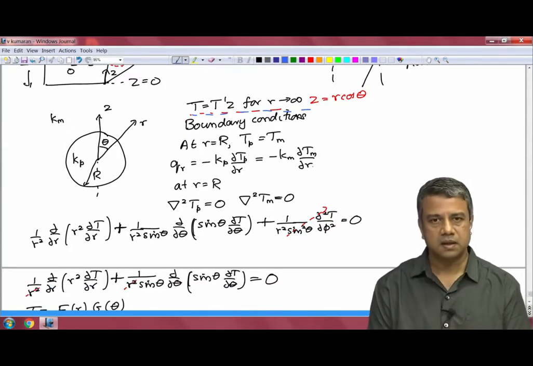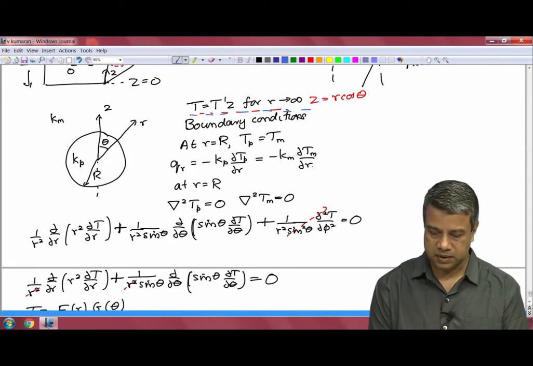And the equation is the Laplacian of the particle temperature is equal to 0, the Laplacian of the matrix temperature is equal to 0. And I had written down the expression for the temperature field and the Laplacian of the temperature field.